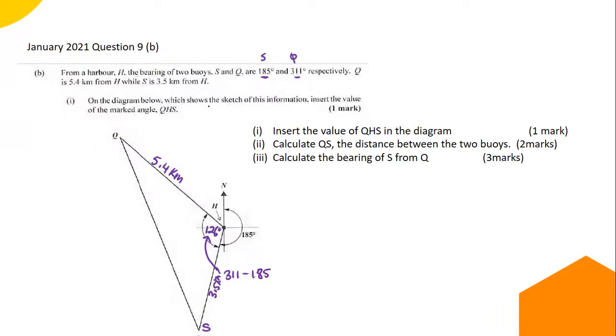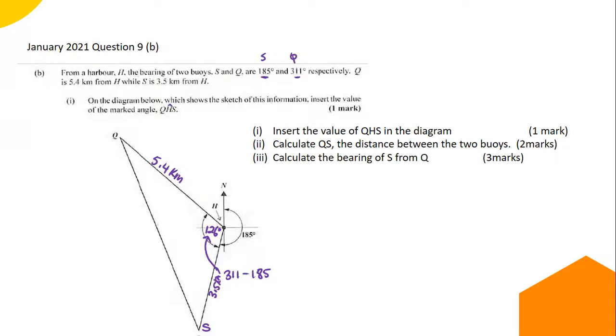On the diagram below, which shows the sketch of this information, insert the value of the marked angle QHS. So the angle is at H. And that's what we did, we already worked that out.